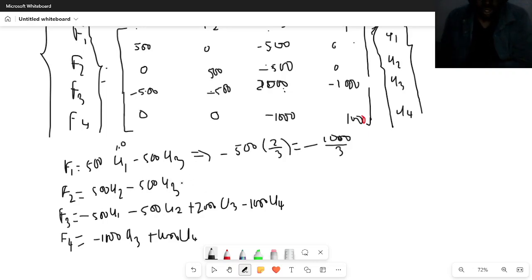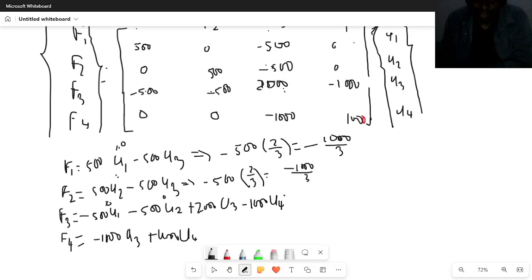Now, this case here also, we're going to have the same thing. Remember, u2 is 0, it is a fixed point. So this gives again minus 1000 divided by 3. Now here we need our calculator. u1 is 0, so this would be 0. u2 is 0, this would be 0.